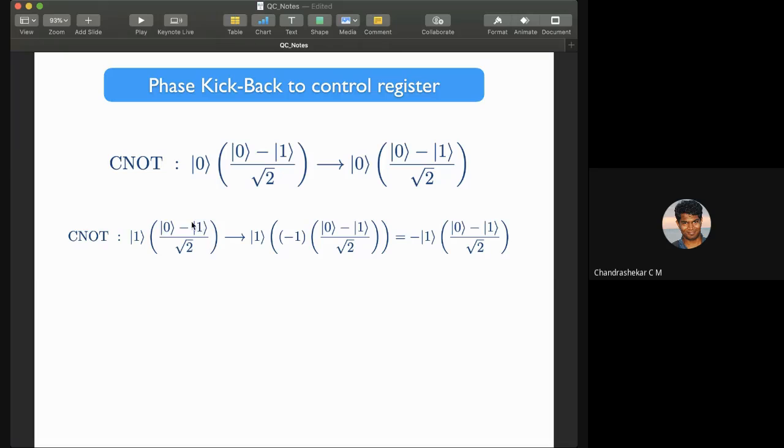So I'm just rewriting that as an output here. You take a -1 sign out, and then you reconstruct and get back the same thing. There is a -1 sign which has come out of this state, and this -1 sign is now with the control register.